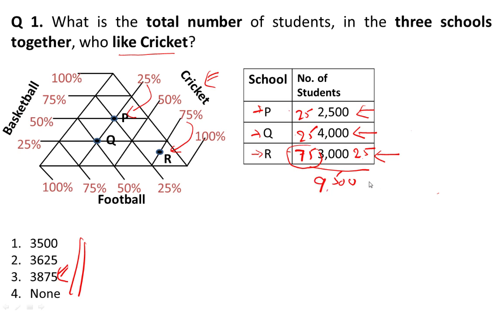So 9500. I can take the 25% of 9500 because 25% is common for all the schools. So let's take 1/4 of it. Now 15 is left. 4 3s are 12 and 7 and 5.